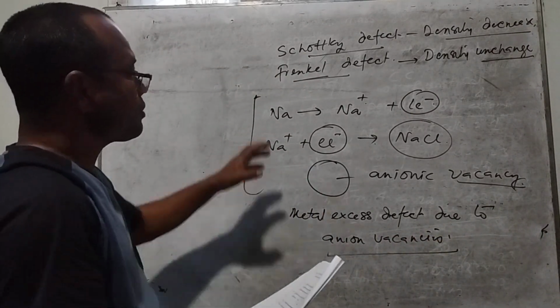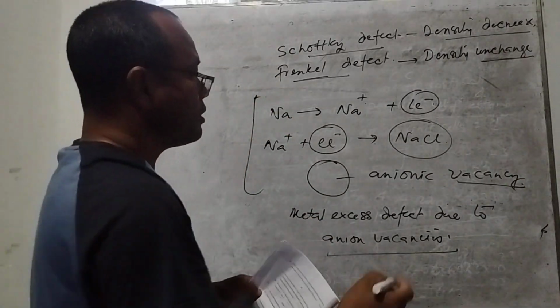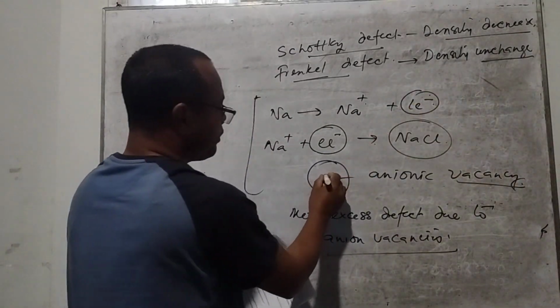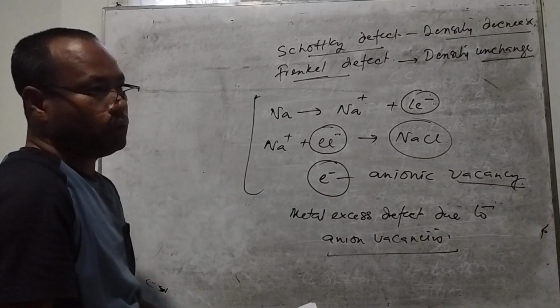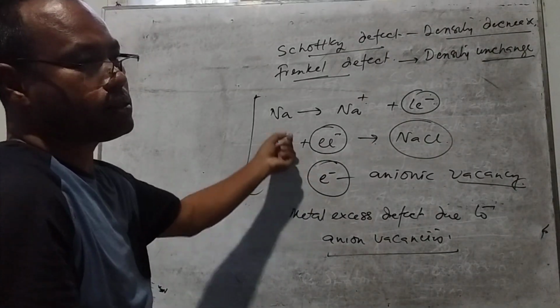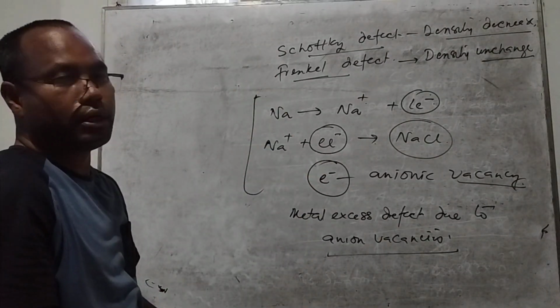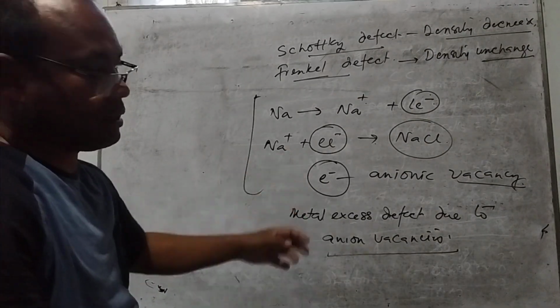So how does this defect impart color? See, this electron is trapped in the anion vacancy. When exposed to sunlight, this electron is excited to a higher energy level. That electron imparts the color.